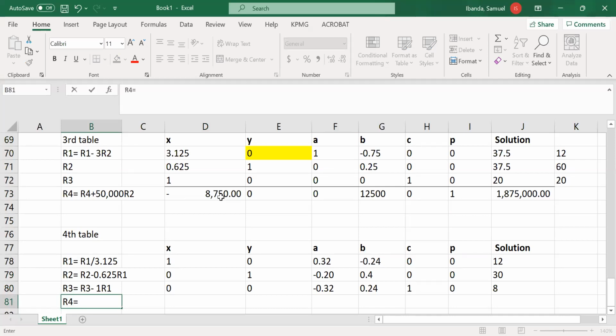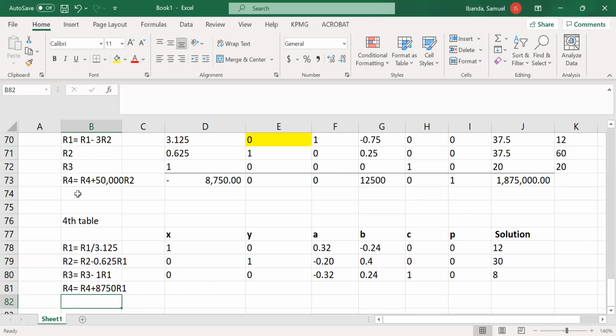We are going to get the current R4, which in this case is negative 8750. So the old R4, okay, plus 8750 R1.